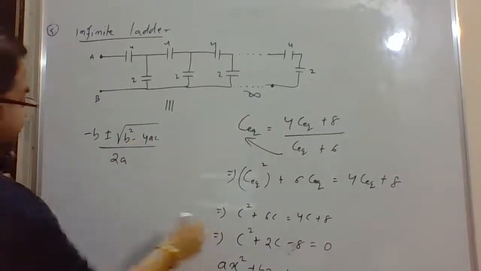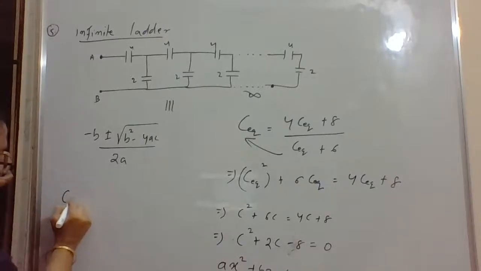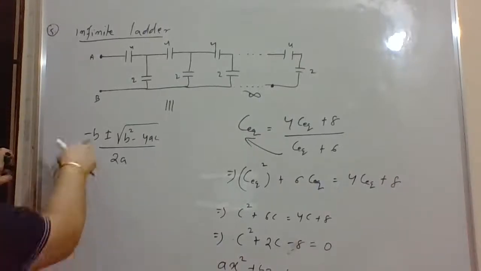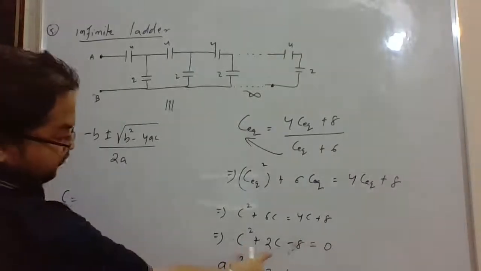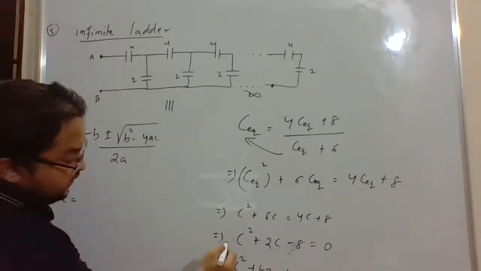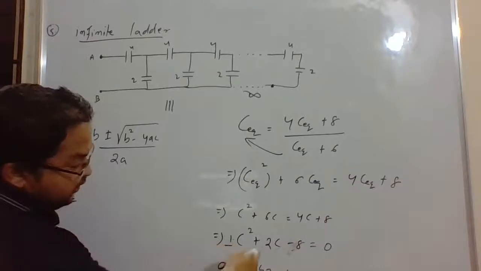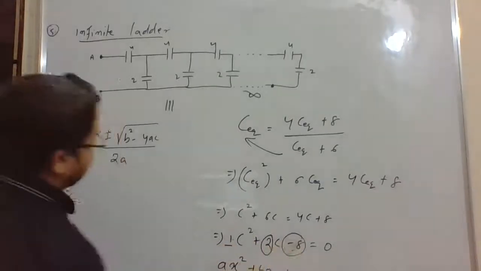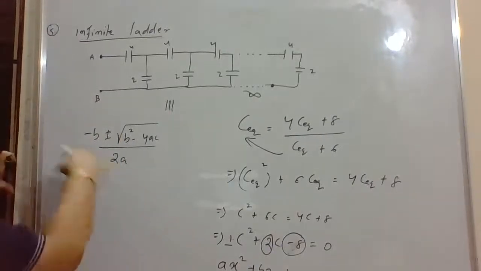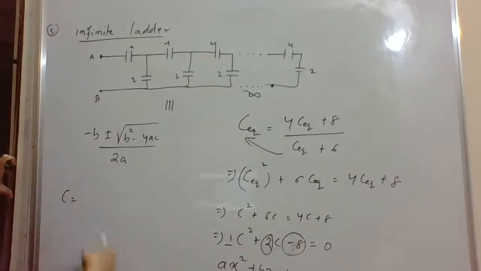So your a is 1, b is 2 and c is minus 8, right? We'll just replace it here, and we can get the answer.